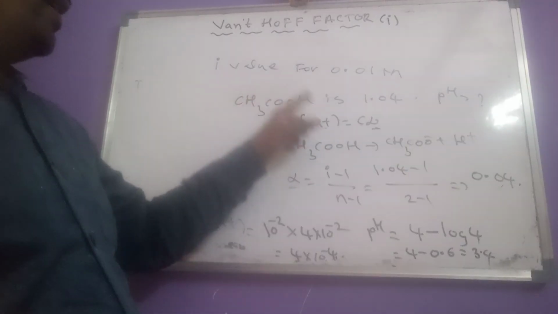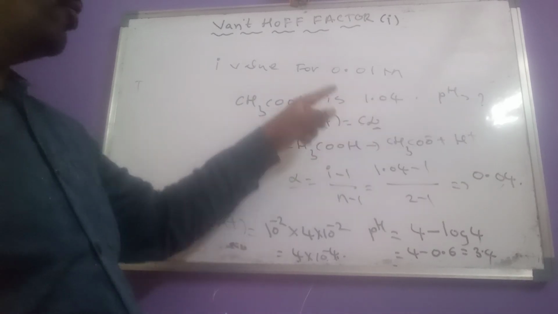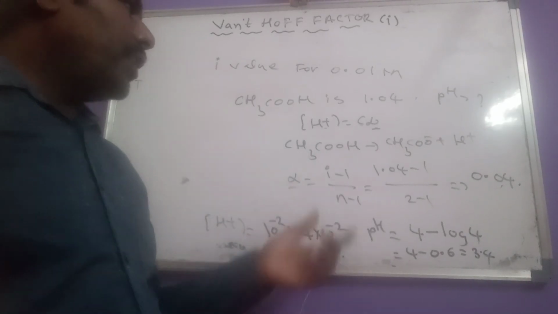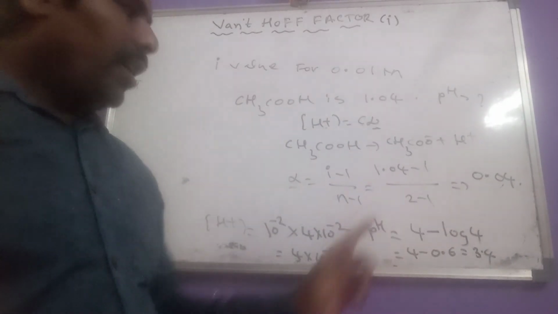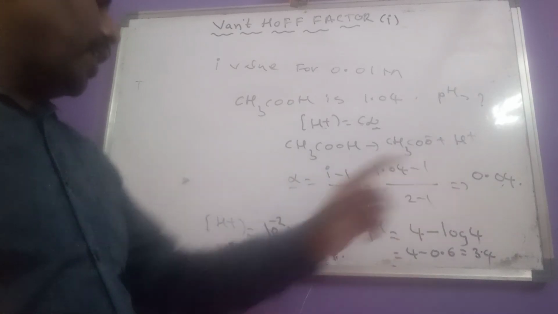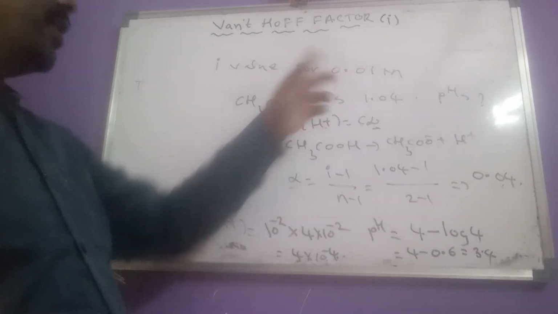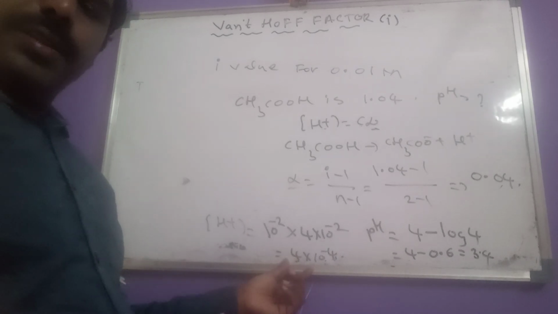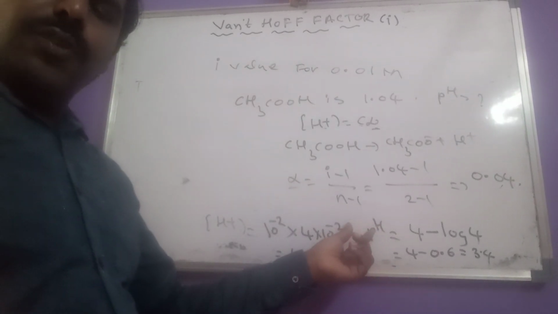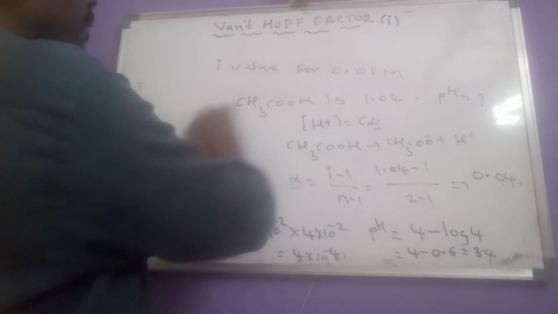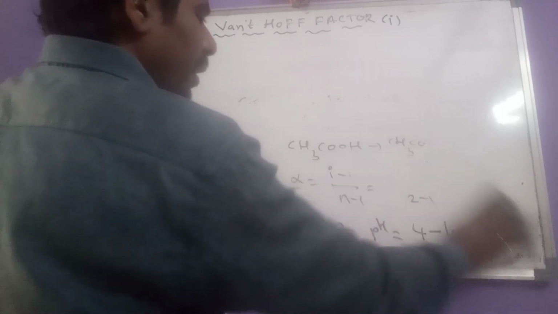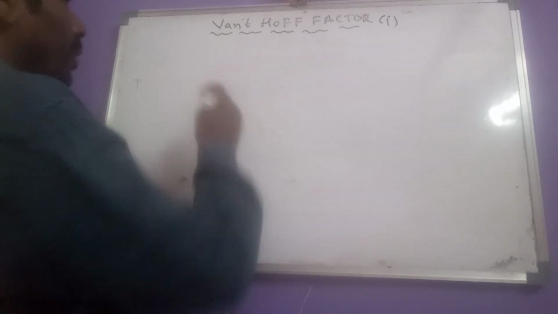See here, in this problem they have given the i value and also the concentration. So first, by using the i value, we calculate the alpha value. After that, by using that alpha value and the given concentration, we determine H plus. After getting H plus, we use the pH formula to get the pH value. So I will give the relation between H plus concentration and pH calculation. See here, a simple relation.